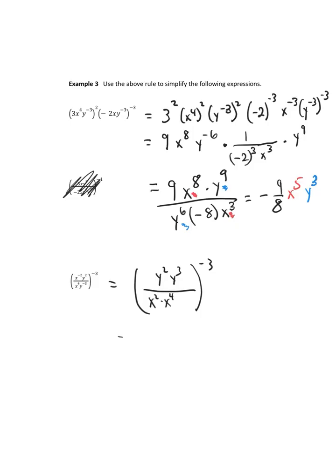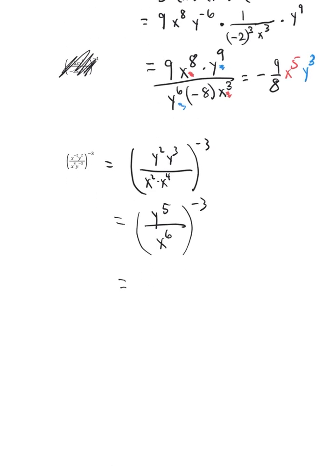And then all that to the negative 3. So then we would have, let's see, y to the 5th over x to the 6th, all to the negative 3.